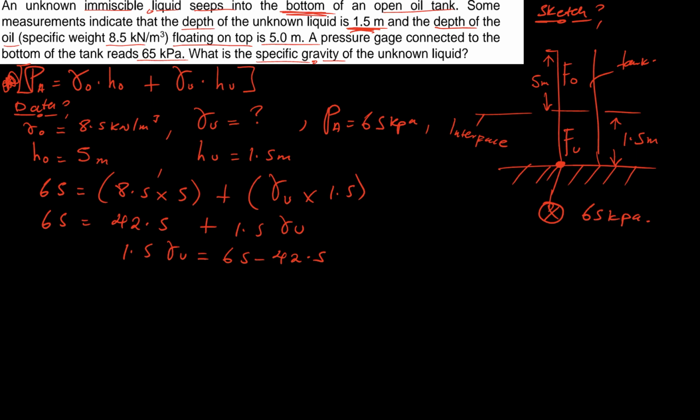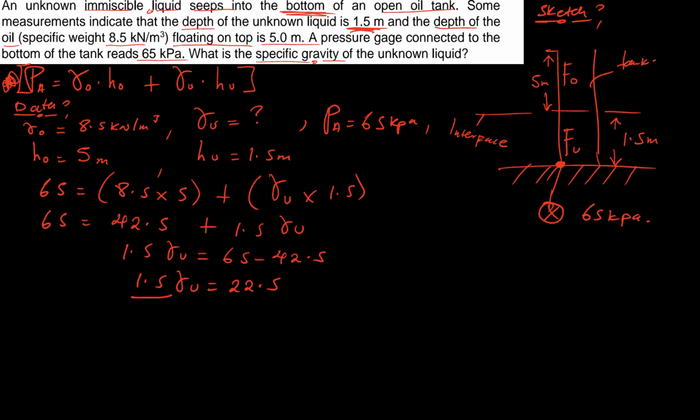And if we do our math, 65 minus 42.5 gives a value of 22.5.